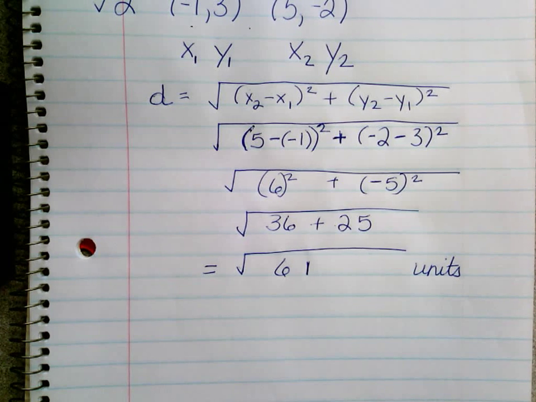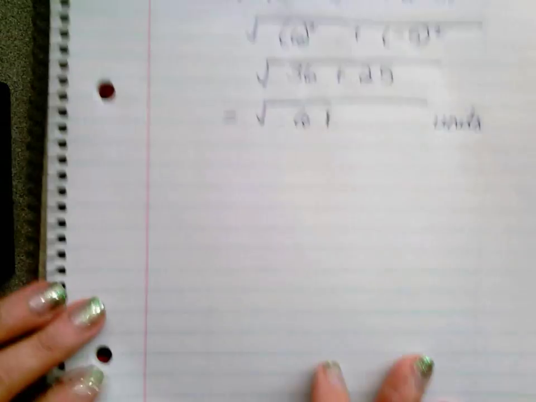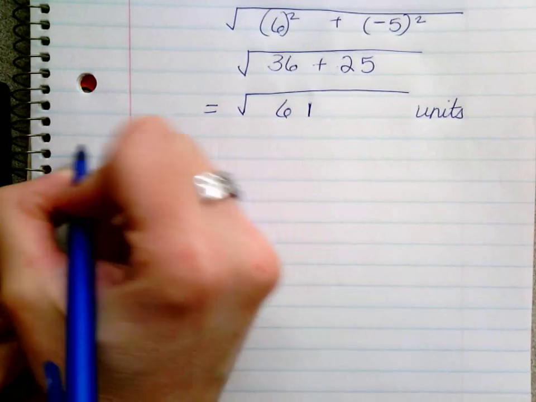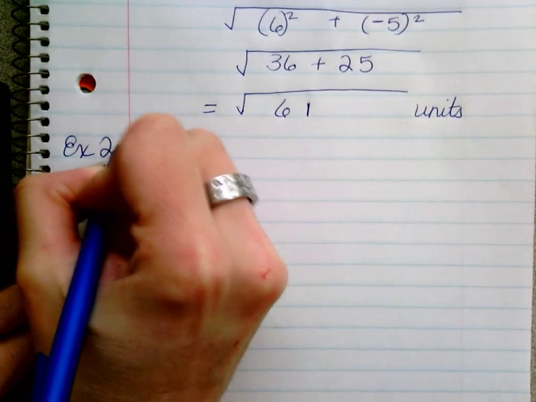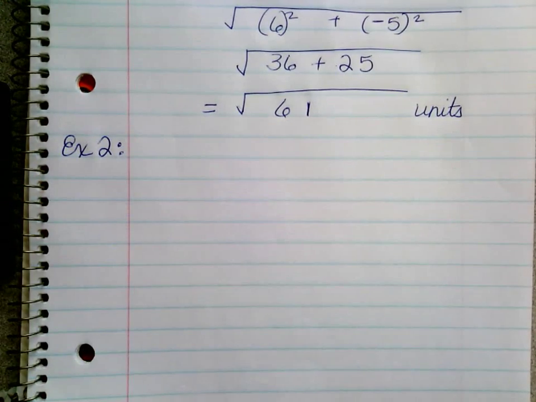All right. Using the distance formula can come in handy. Take a gander at example 2. Just because it's a word problem doesn't mean that it's difficult. Example 2. Those of you that are interested in some bird watching. A bird watcher uses a grid to photograph and record locations of birds as they feed.